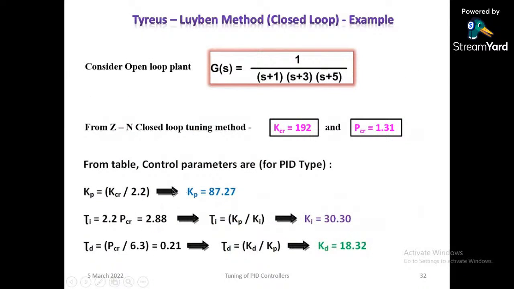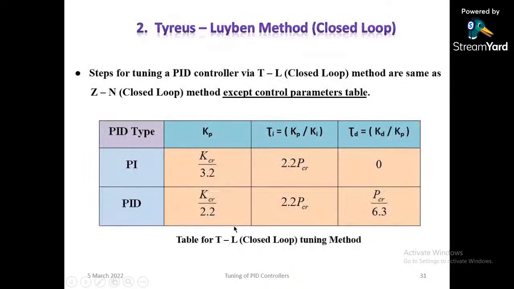Calculate KP, you will get KP as 87.87. Tau I, 2.2 times PCR, which is 2.88. Tau D, PCR upon 6.3, comes out to be 0.21. But formula for tau I is what? KP upon KI. Tau I is equal to KP upon KI. So you know tau I, you know KP, you can easily calculate KI.